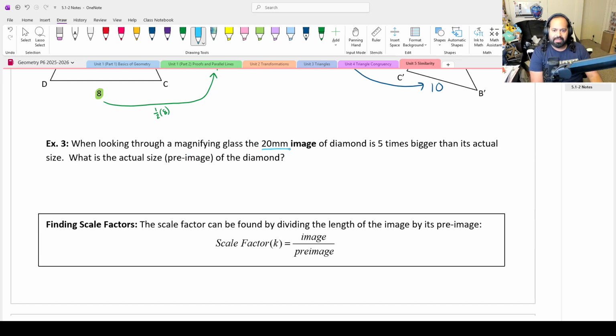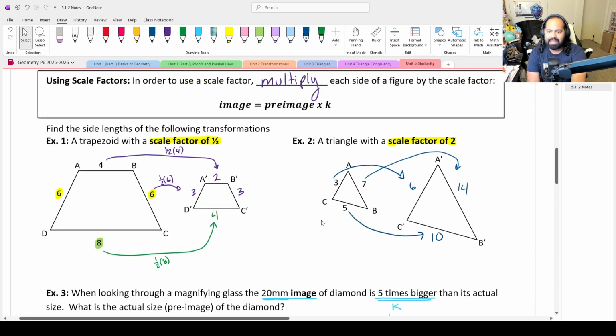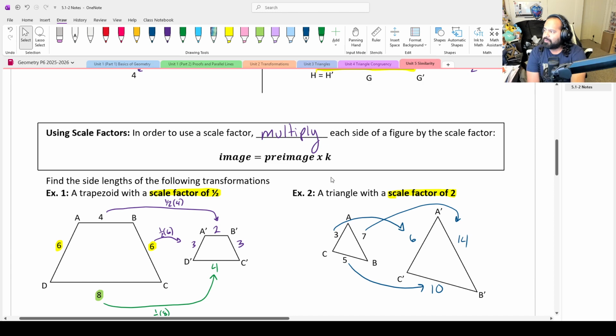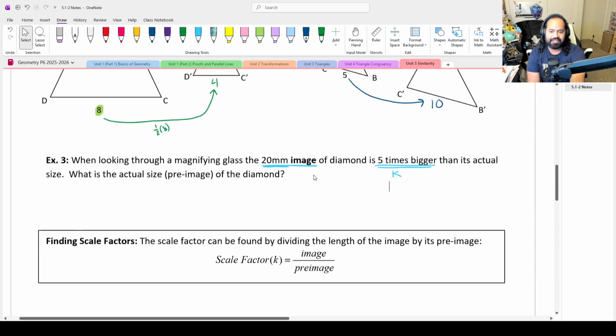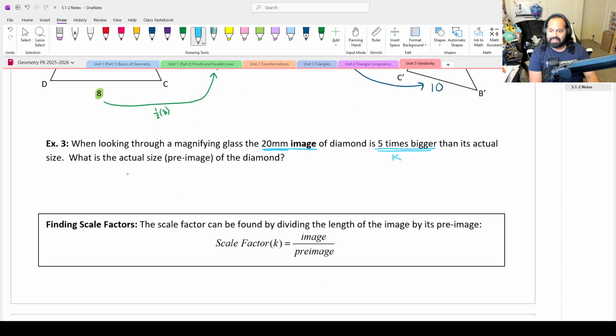Well, we know that 20 millimeters is the image. The 5 times bigger part, that's your scale factor. And so what is your actual size, your pre-image? If we go back to the formula before, we know that the image equals the pre-image times the scale factor. So I'm going to just write that down, that my image equals the pre-image times the scale factor.